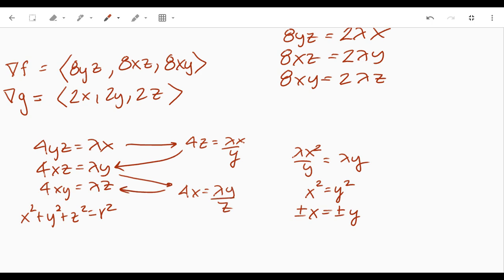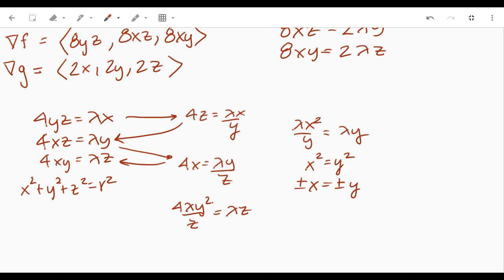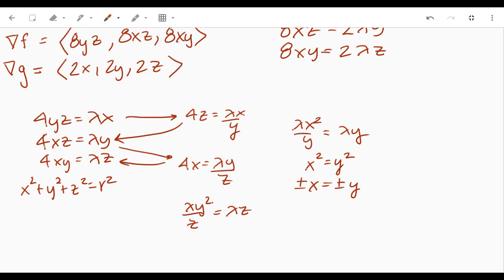So lambda y squared over z equals lambda z. Oops, not 4, sorry. In place of 4x, I put the lambda y, so no 4. So then y squared equals z squared. So then positive or negative y equals positive or negative z.